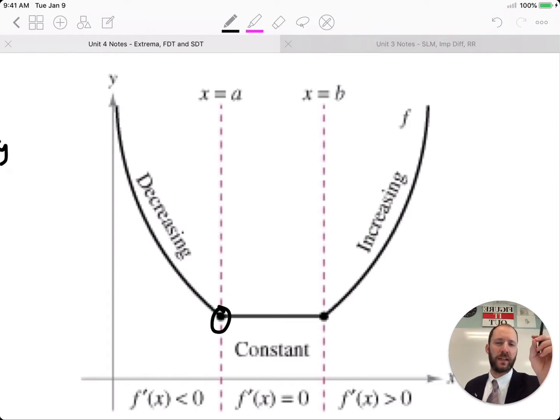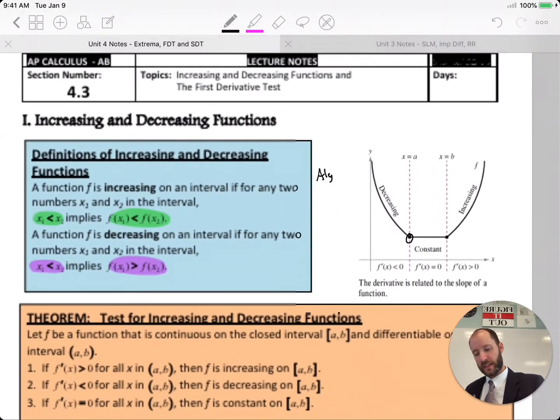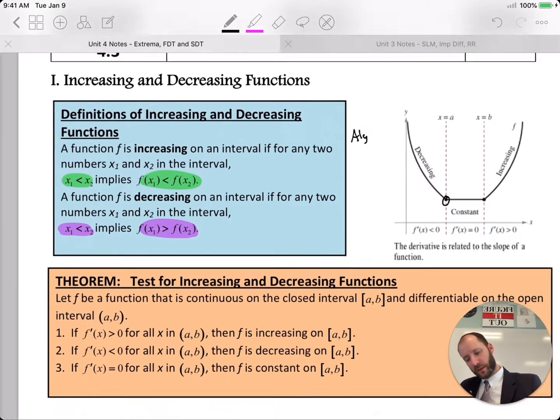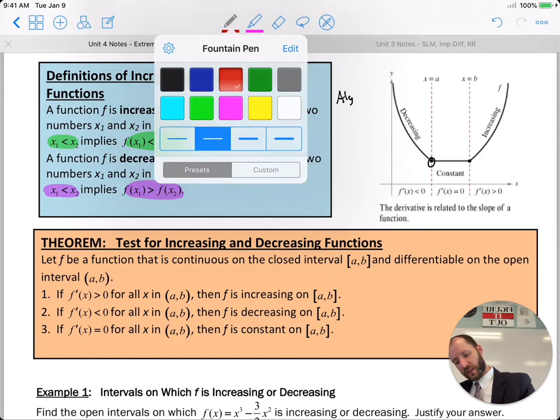It's also the left endpoint of a constant interval. And the definition says that point could be part of both, which I think is weird. So that's our definition.